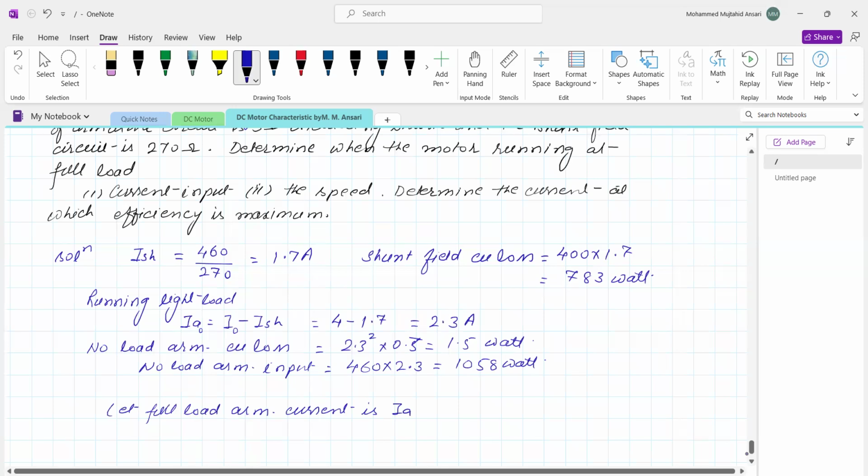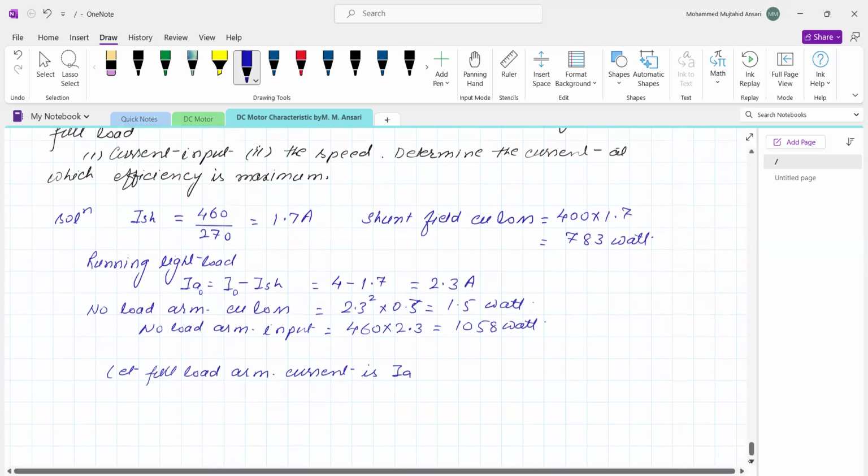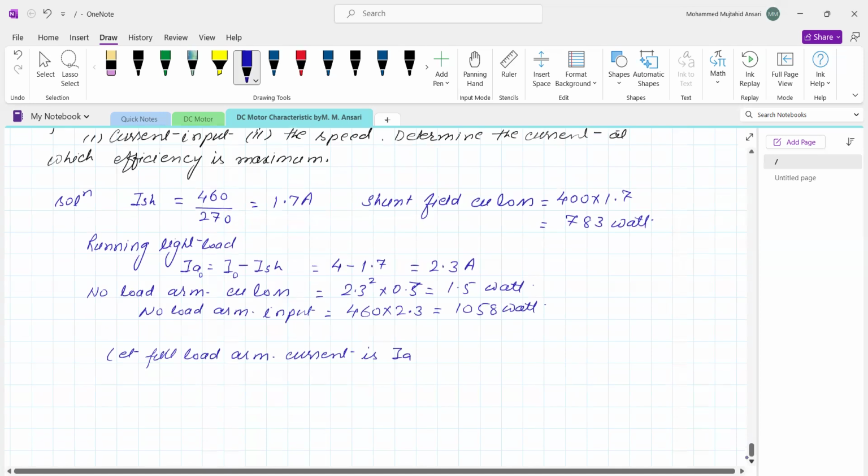Then we can calculate the armature input. Armature input equals the rated voltage 460 into Ia.